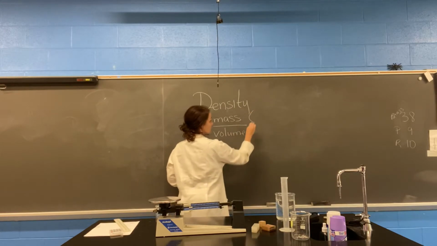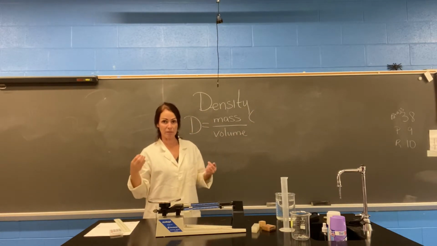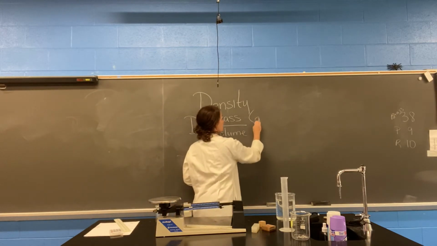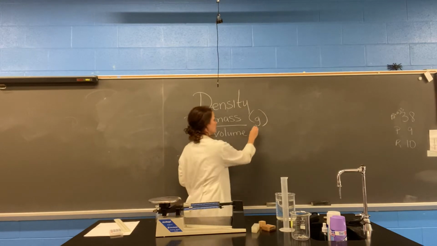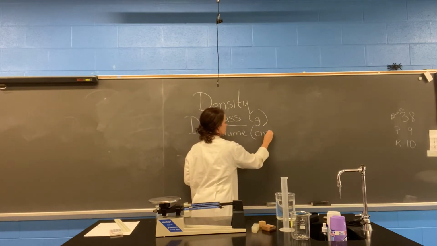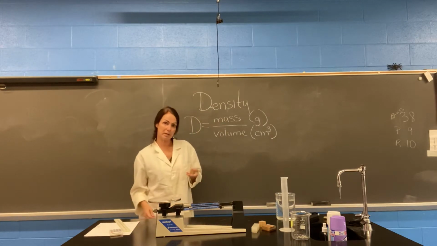Mass we measure in grams. Grams is a measurement of mass in science. And we measure volume, in this case, because it's a solid, in cubic centimeters, centimeters cubed. If we were measuring a liquid, it would be in milliliters, but we're not. We're measuring it in cubic centimeters.